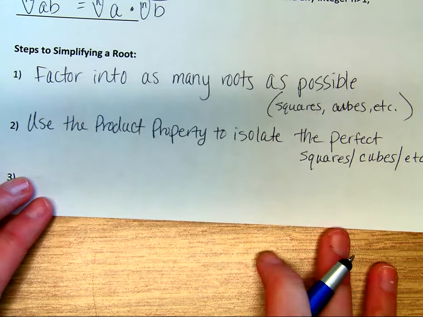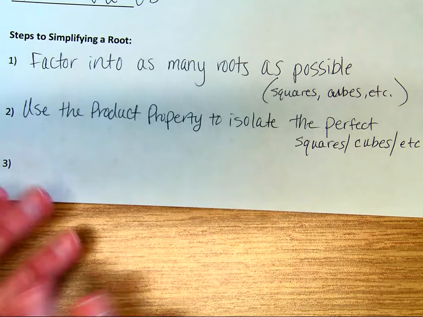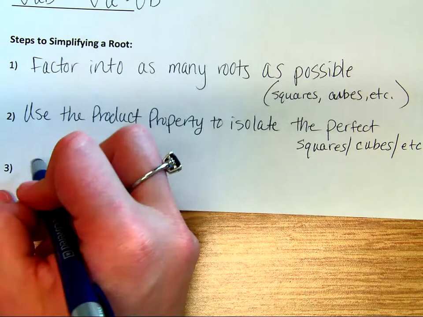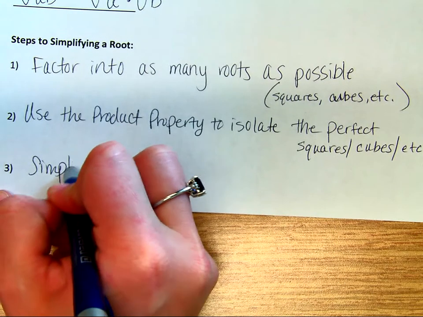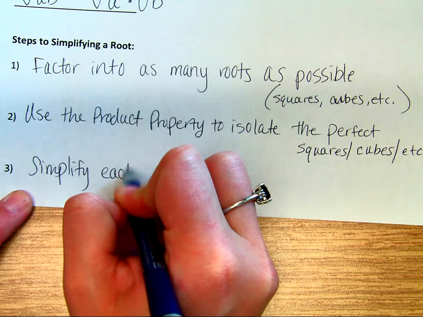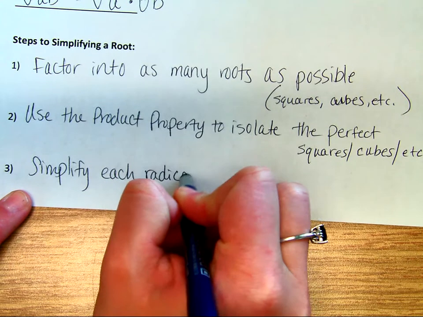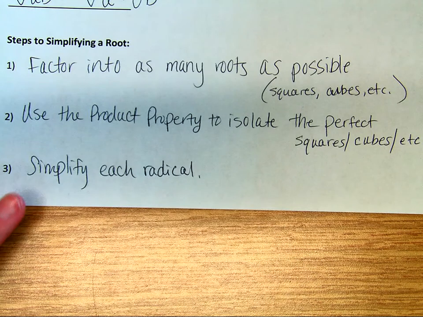It could be whatever number. And then lastly, simplify each radical. Those are our 3 steps. So write those down. When you're done, we're going to try some examples on the back.